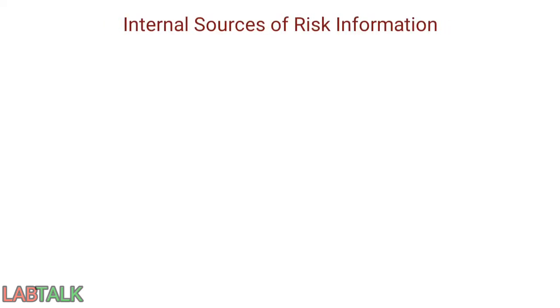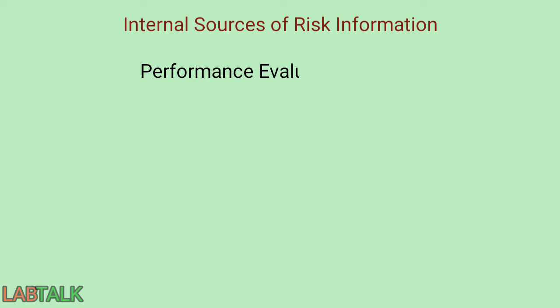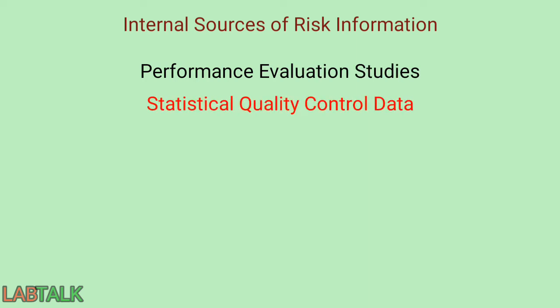The next aspect is internal sources of information. So what are the internal sources of risk information in the laboratory? Here are some of the internal sources from which data is generated and evaluated for the surveillance of the risk. First is the performance evaluation studies. Second is the statistical quality control data.